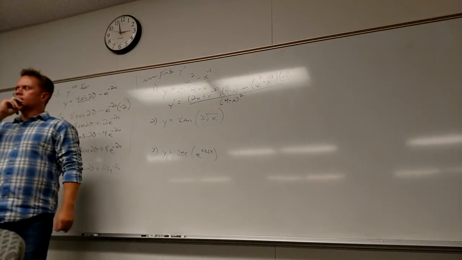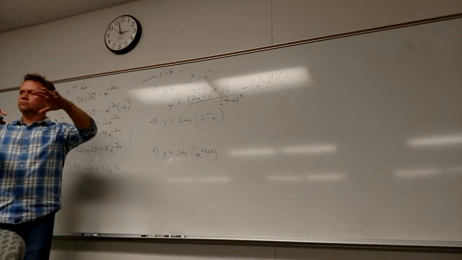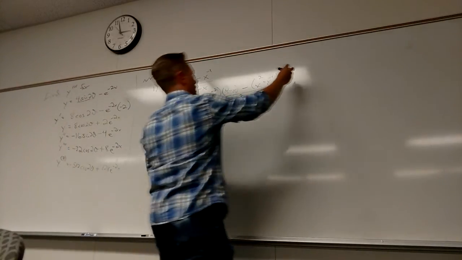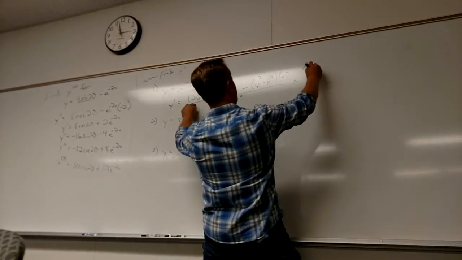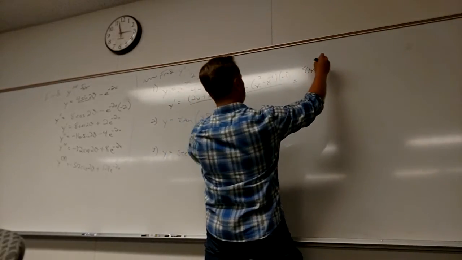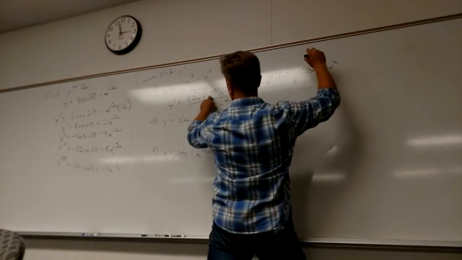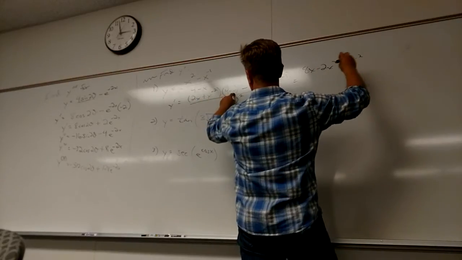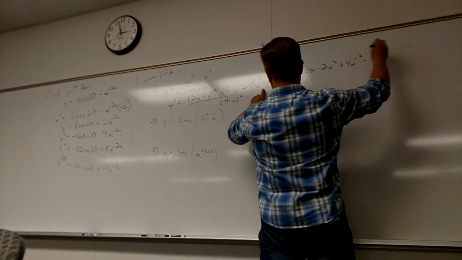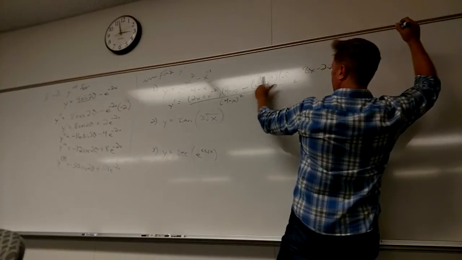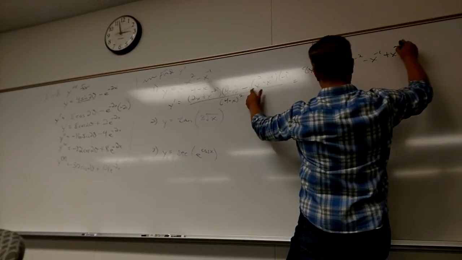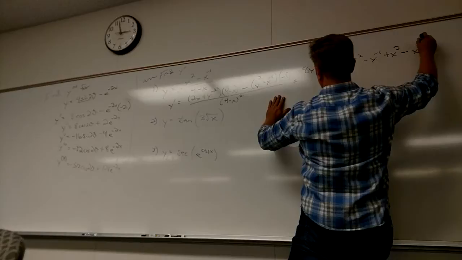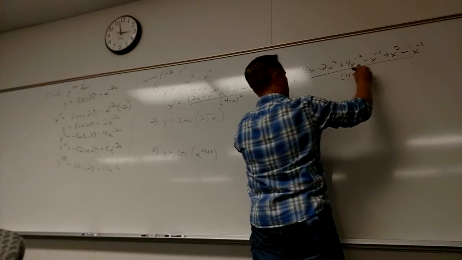I'll clean it up a little bit. Now I have to distribute that. I'll get 8x minus 2x squared plus 4x to the negative 2 minus x to the negative 1. This becomes plus x squared minus x to the negative 1 over 4 minus x squared.